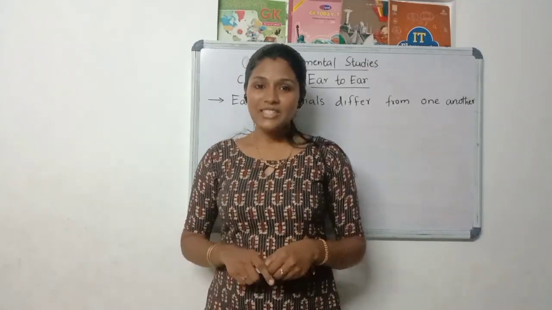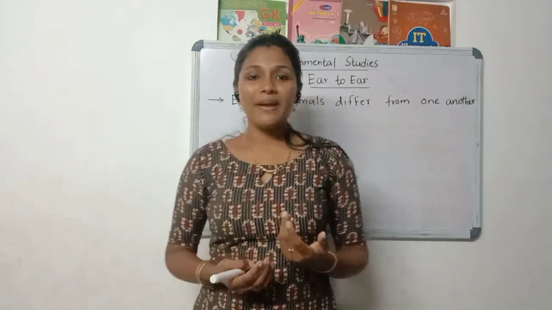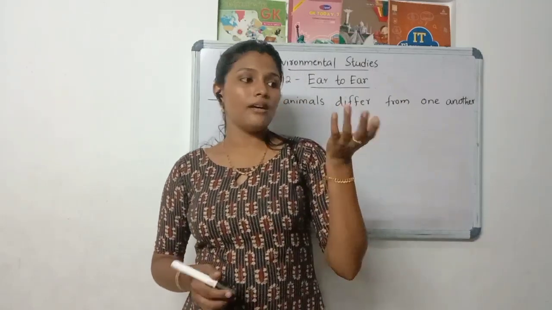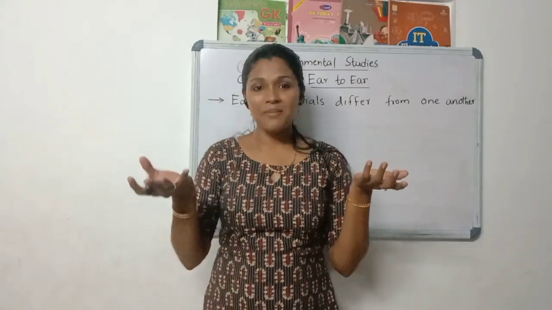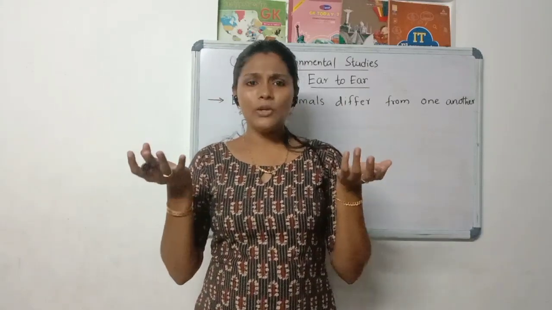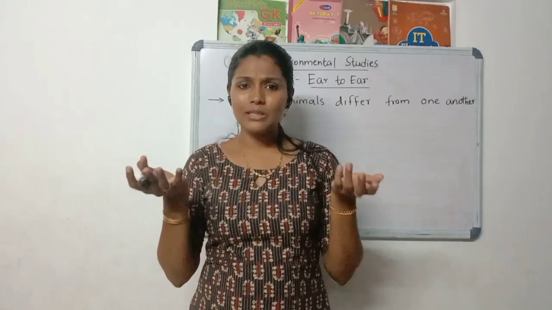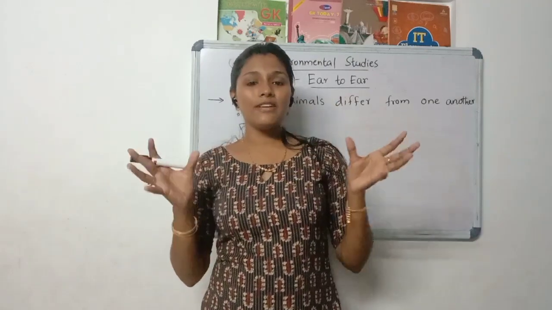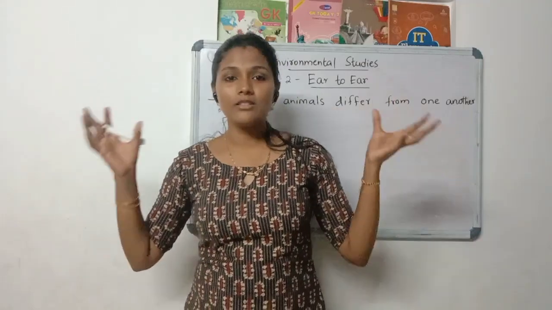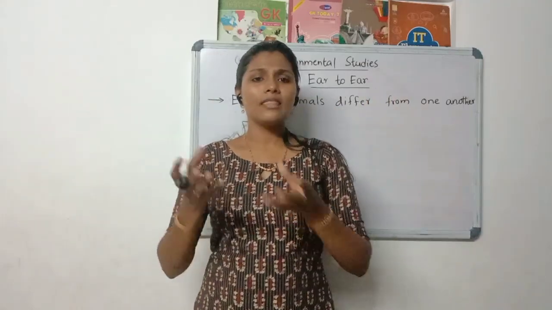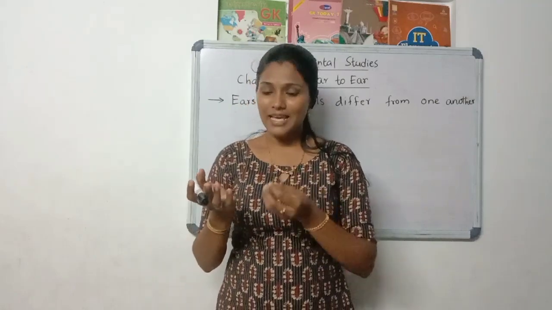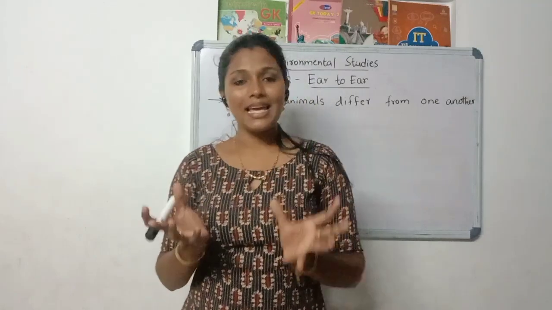No. So now let's compare the ears of some animals. Let me take an elephant and a mouse. Do their ears look similar? No, right? The elephant's ear is bigger according to its body size, and the ears of the mouse are tiny as its size.